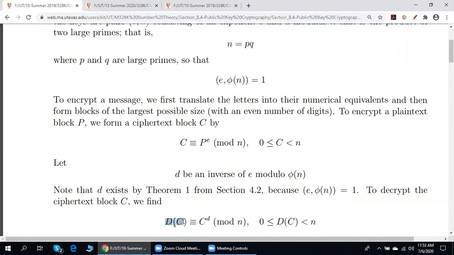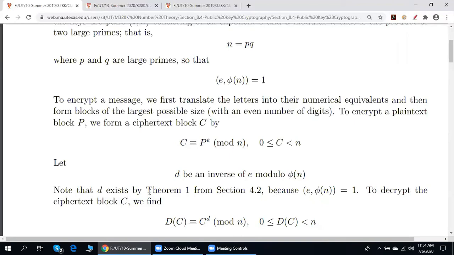In order to decrypt, we raise our encrypted text, our ciphertext, to the power d, and consider everything modulo n. Of course, the question is, what is d? Here it is. D is an inverse of E modulo phi of n.